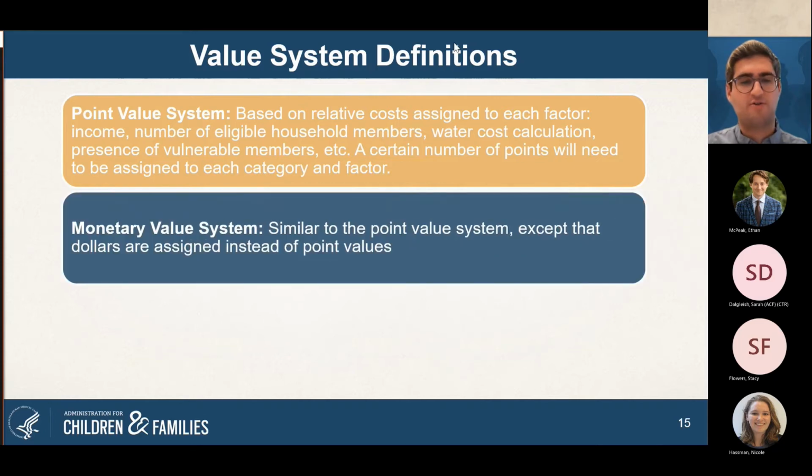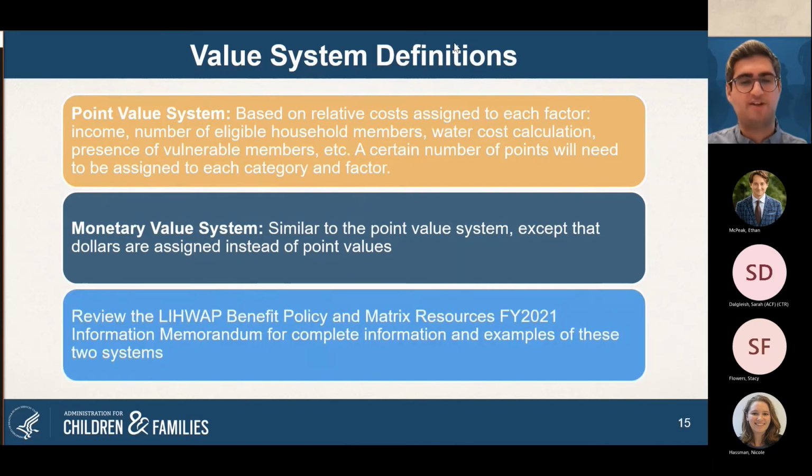The monetary value system is similar to the point value system, except that dollar amounts are assigned instead of point values. Please review the LIHWAP Information Memorandum 2021-01, Benefit Policy and Matrix Resources, Fiscal Year 2021, for complete information and examples of these two systems.